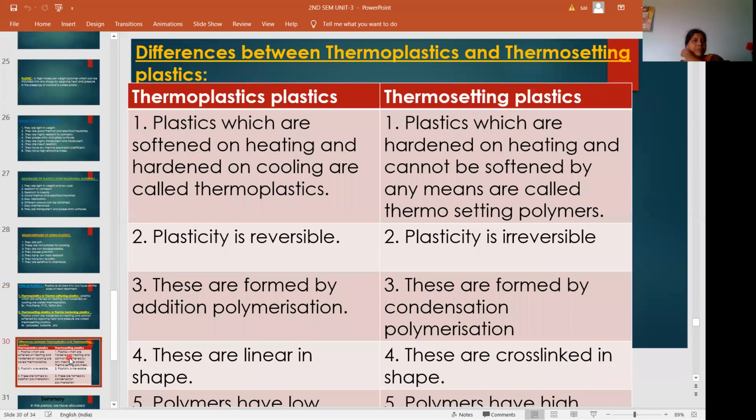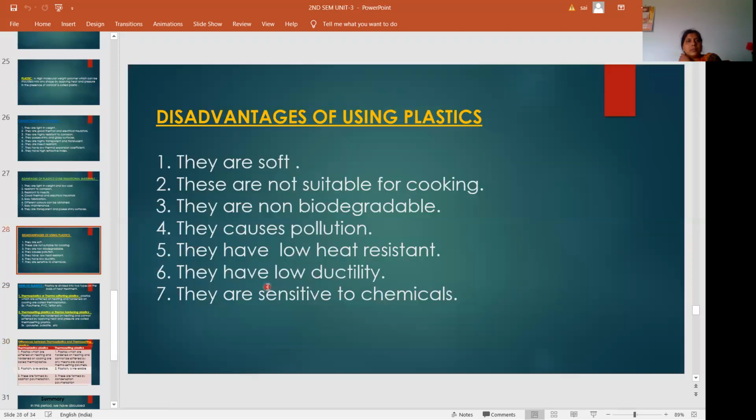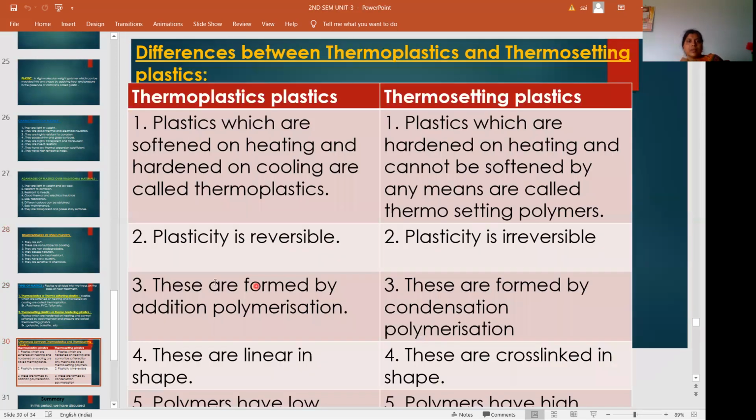Now come to the differences between thermoplastics and thermosetting plastics. You have to differentiate between these two: what is a thermoplastic and what is a thermosetting plastic. The first difference is the definition.